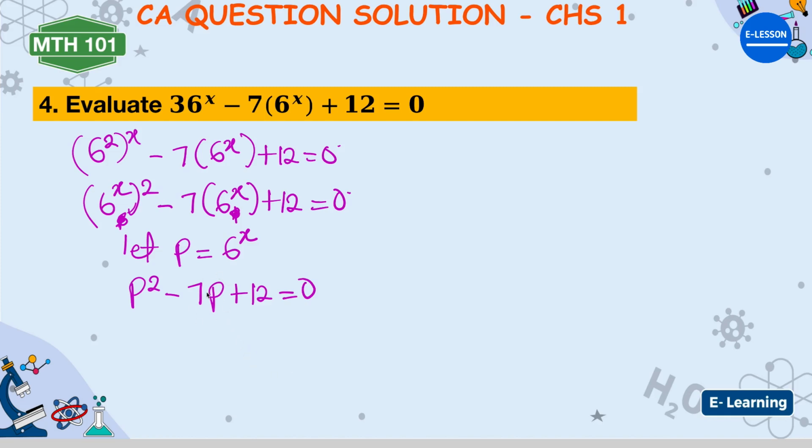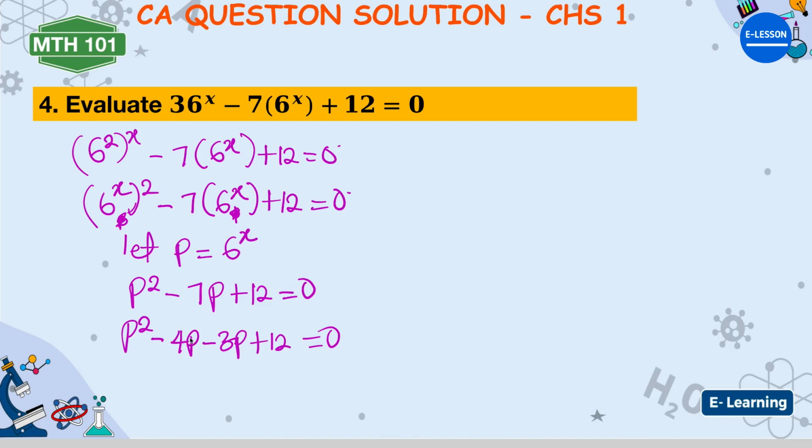Now when you multiply them, they will give us plus 12p squared. But when you add them, they will give us minus 7p. My dear student, those two values are minus 4p and minus 3p. Plus 12 is equal to 0. Because minus 4p minus 3p will give us minus 7p.